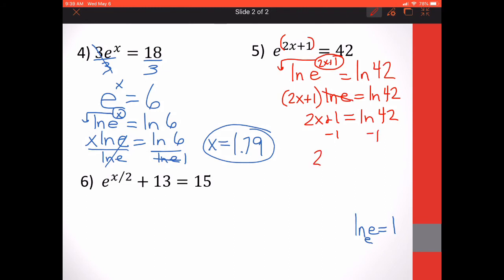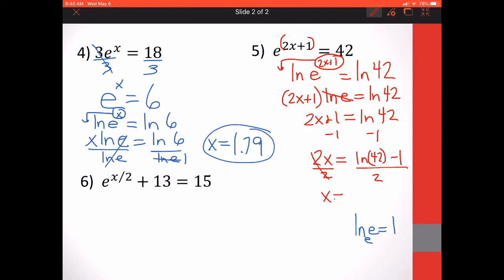So I have 2x equals whatever the natural log of 42 is minus 1, and I'm going to wait and put that in my calculator in just a second because remember, I don't want to round too much before I get to my final answer. And be careful, this is not natural log of 41 now. It's a natural log of 42, the answer subtracted by 1, and then divide by 2.